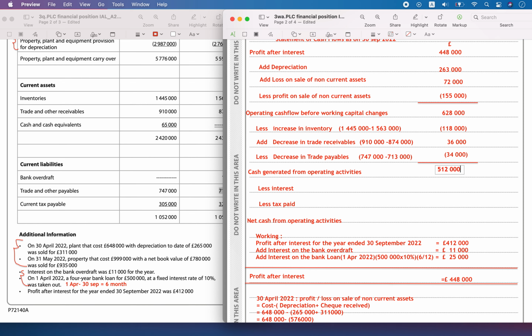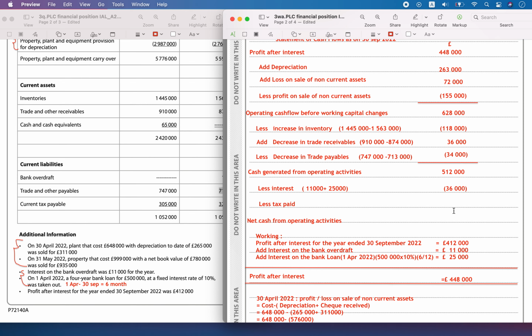Now we have to subtract the interest that was paid. The total interest was 11,000 plus 25,000, so 36,000 is the total which I have to subtract.